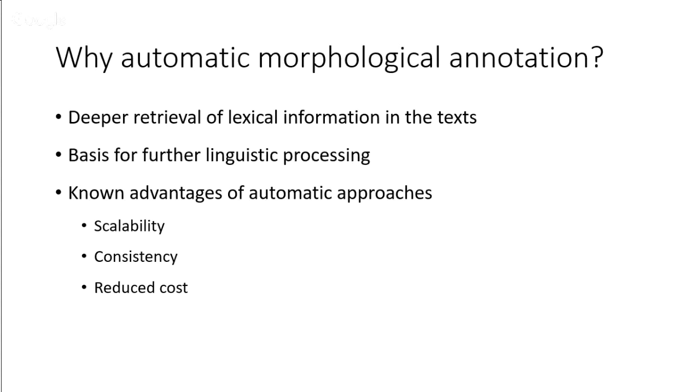And why automatic morphological annotation instead of manual morphological annotation? Well, there's a number of reasons that are really shared among automatic approaches in general. It's not specific to morphological annotation, but it's the idea that if you have a system that does it for you automatically, you can scale up the system. So say that you want to analyze 10 texts, and you can do it by hand. But if your texts suddenly are 10,000, then you would need many, many more people to annotate all those texts.